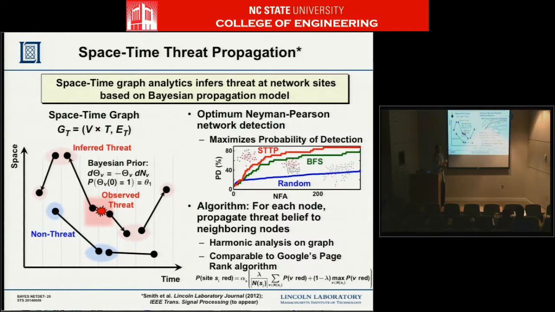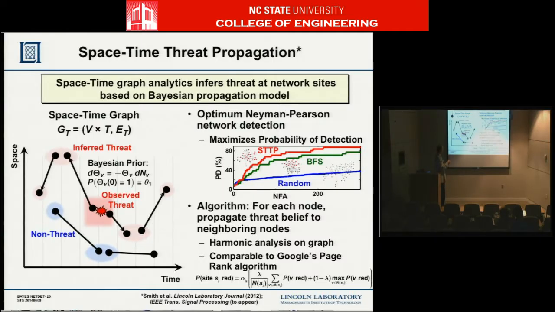And so why space-time? One of our examples here is because we've got links not just between our entities, they occur in both space and time. And so this is the model I was talking about. For different kinds of observations, you would have a different kind of model. But here you've got an observed threat.